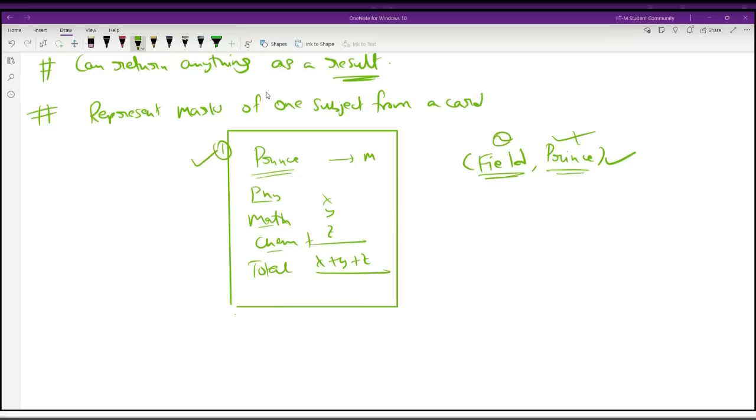We can also update his marks. Say this is one of the applications of procedure. We can directly update his marks. Let us say you want to update Prince. Let us consider Prince appeared for a betterment exam, and he obtained physics marks of x plus 50.